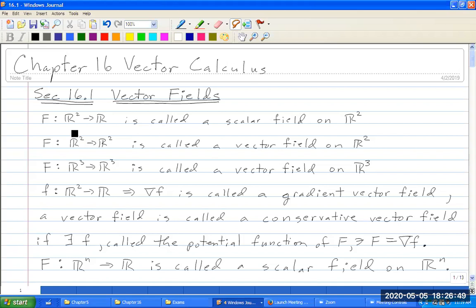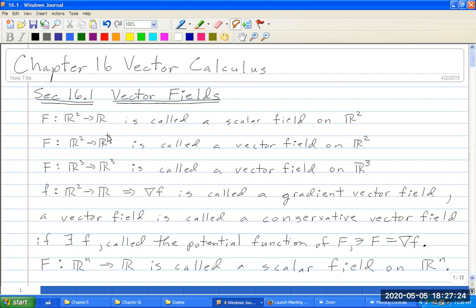F going from R2 to R2 is called a vector field. So at every point in the plane, if I have some vector associated with it, then I call it a vector field. Such as, suppose you have a magnet underneath some aluminum sheet, and you put some iron filings down on the sheet.